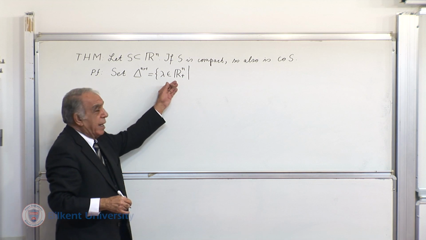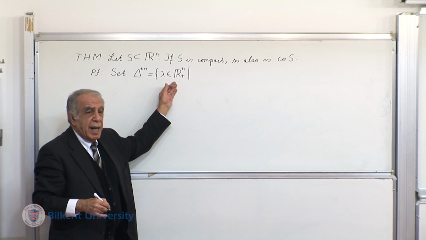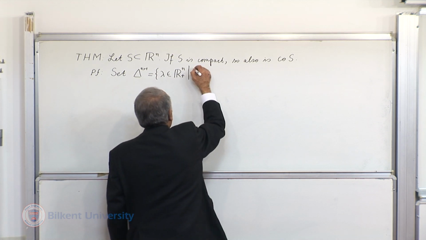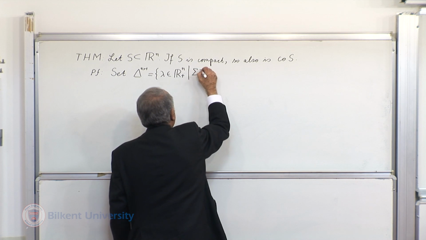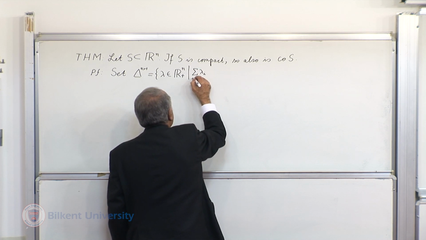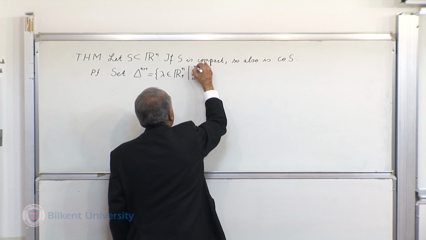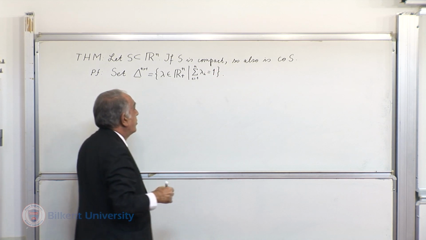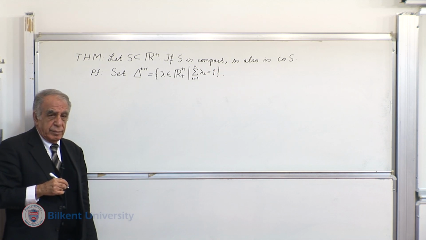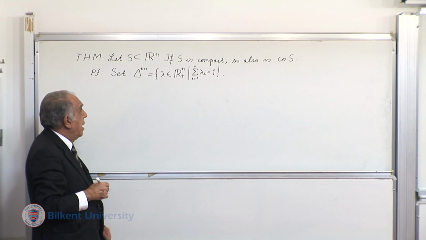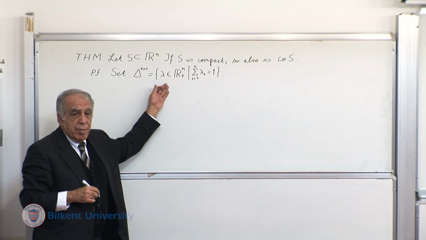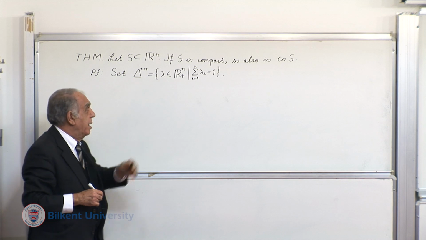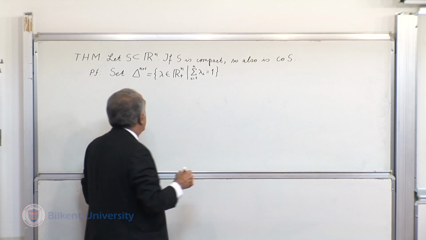Now this was the set of all n vectors that are non-negative, that is, each component is larger than or equal to 0, such that the sum of lambda i from 1 to n is equal to 1. Well, this will clearly be bounded, and it's easy to show that it's closed as well. So check that.